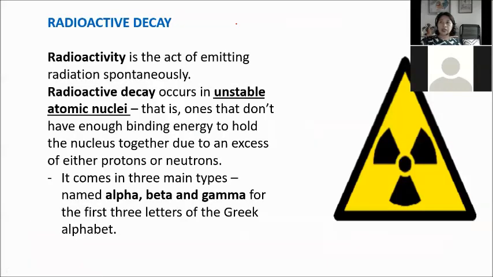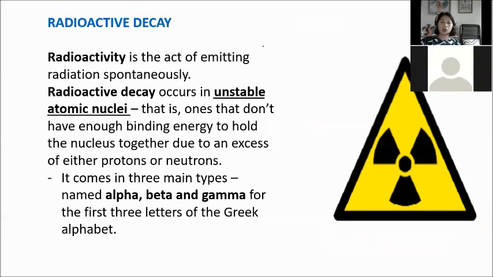Okay, so next is to define radioactivity. So this is the act of emitting radiation spontaneously. Then we have radioactive decay occurs in unstable atomic nuclei. So yung mga nasa periodic table, may mga nakalista dyan na mga unstable.